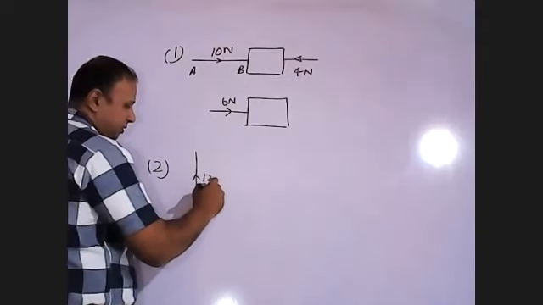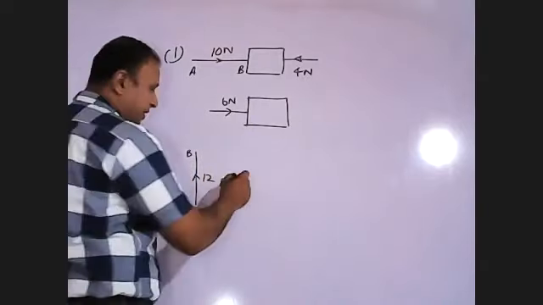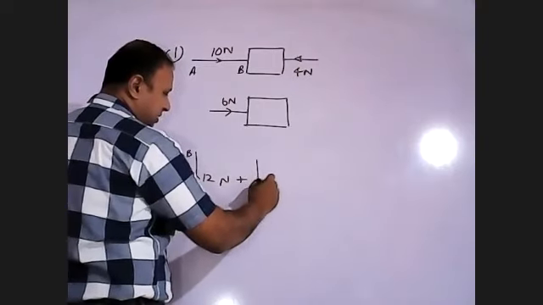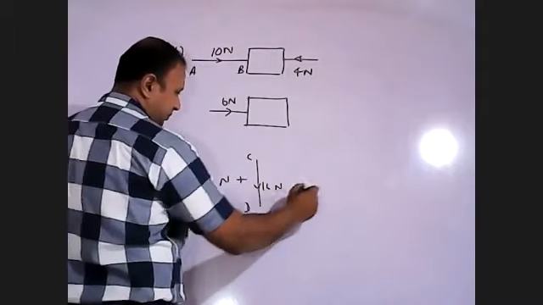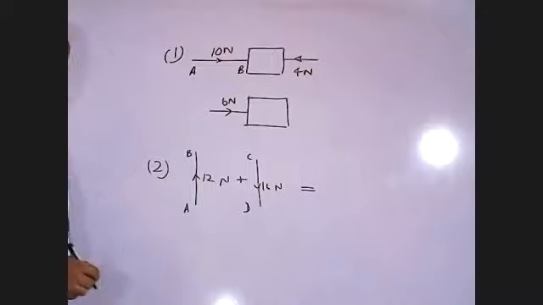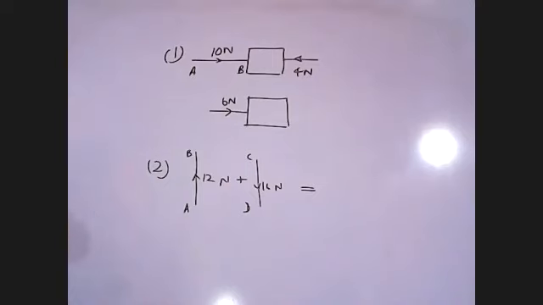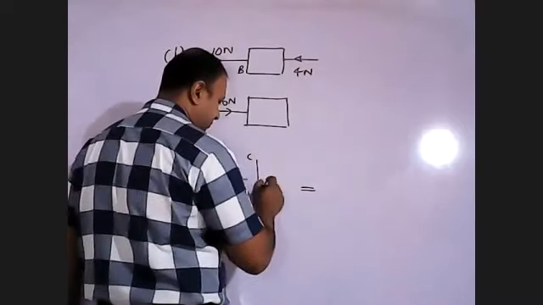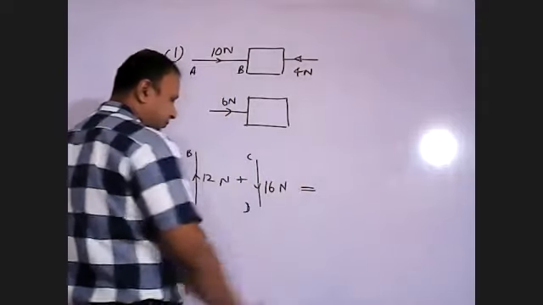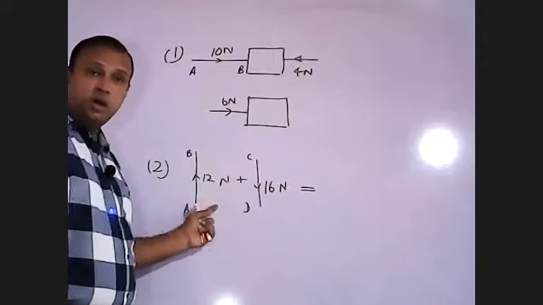Suppose this is 12 Newton. If I add this to 16 Newton here, what is the resultant vector? What is the resultant of these two?